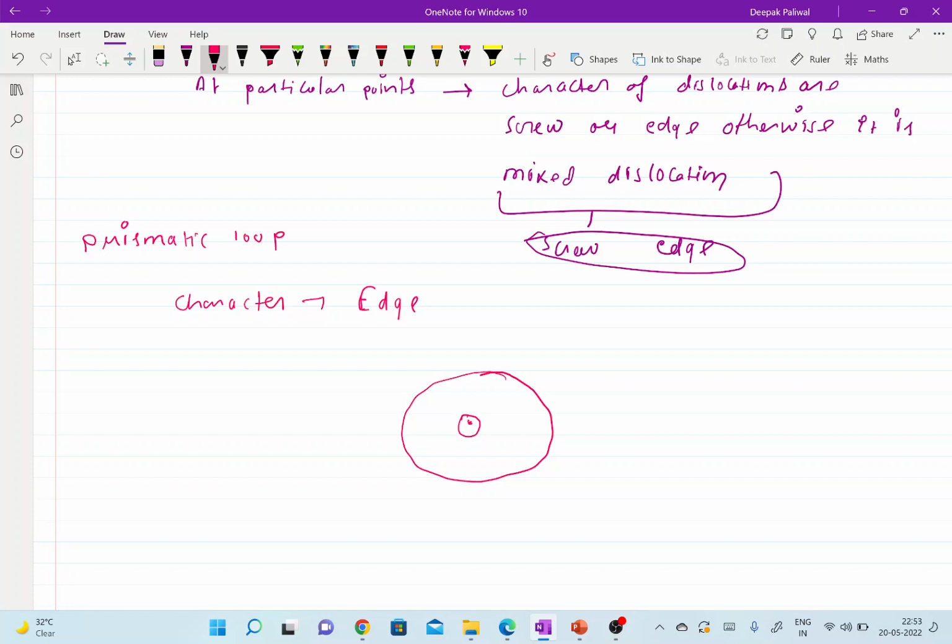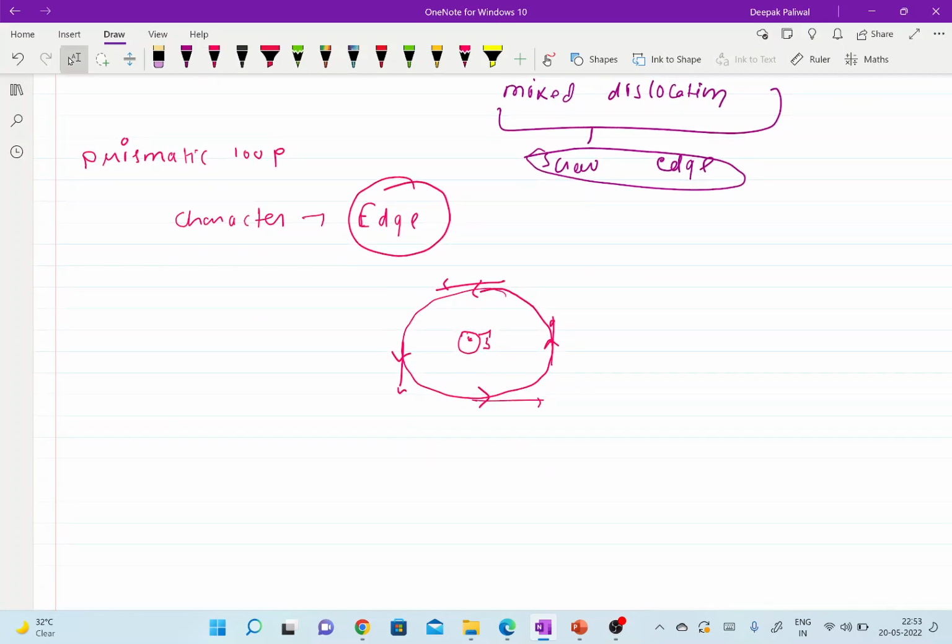Wherever you draw the tangent vector, the Burgers vector is always perpendicular. That means this loop has only edge character.